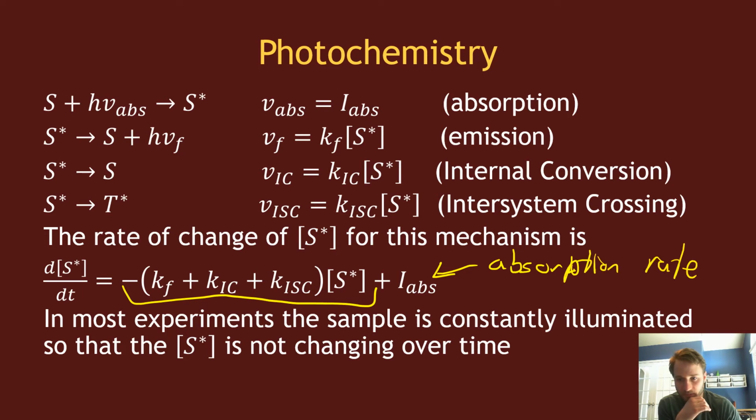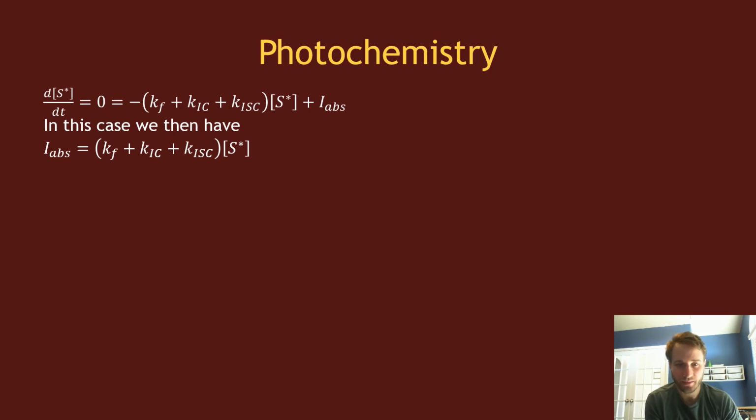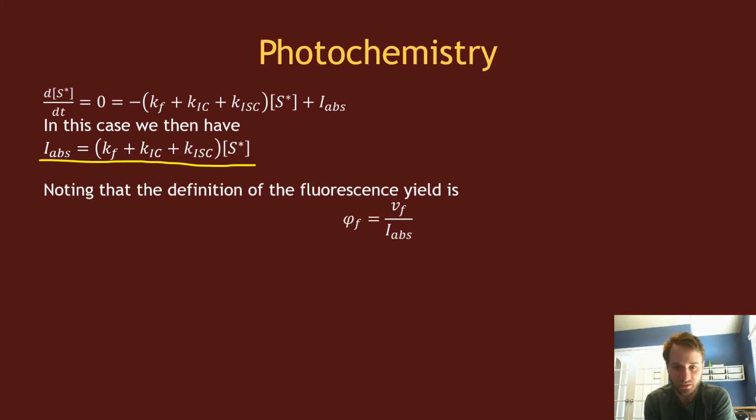If we have constant illumination, we'll reach a point where we're at a steady state and the concentration of S is not changing over time. So dS*/dt is equal to 0. Using that, the absorption rate has to equal the concentration of the excited state times the sum of these rate constants.